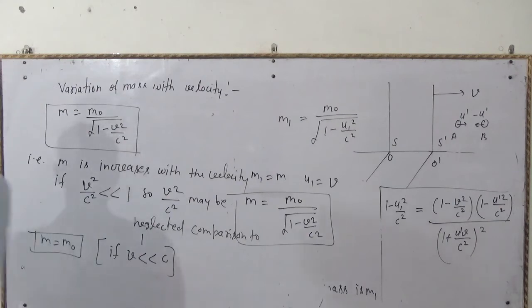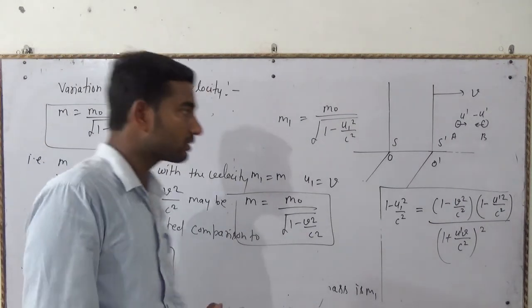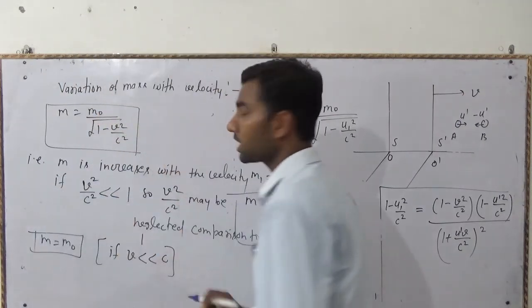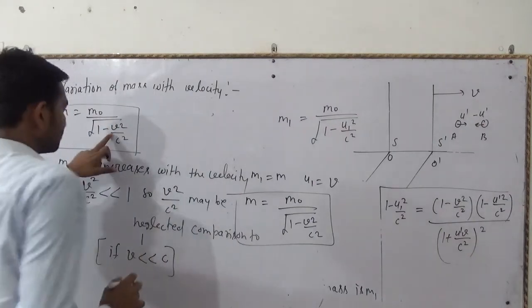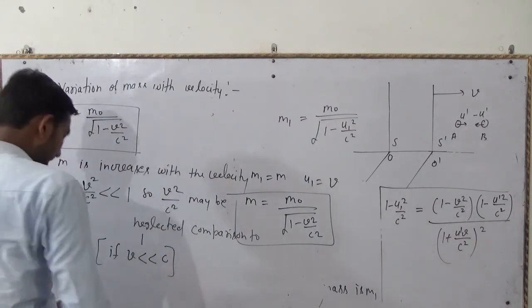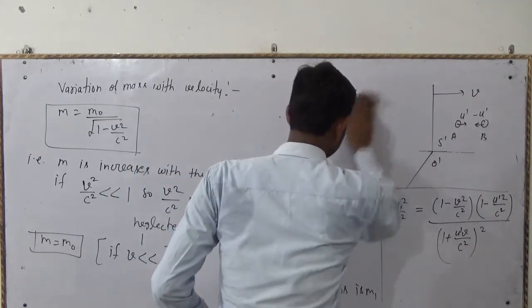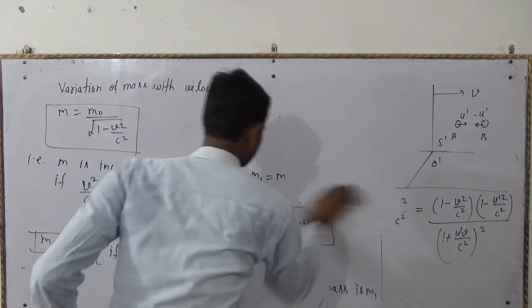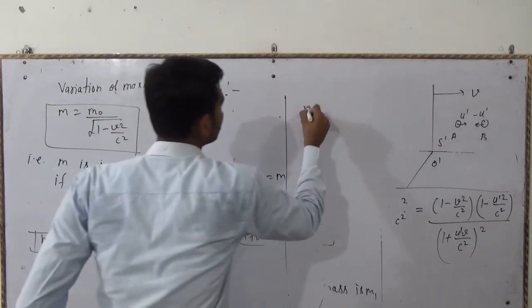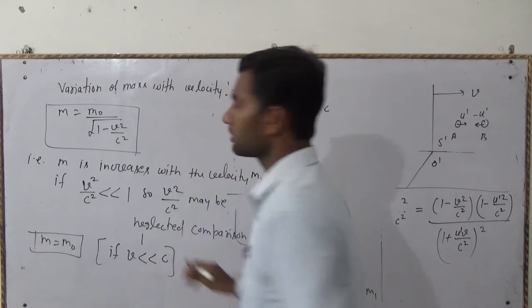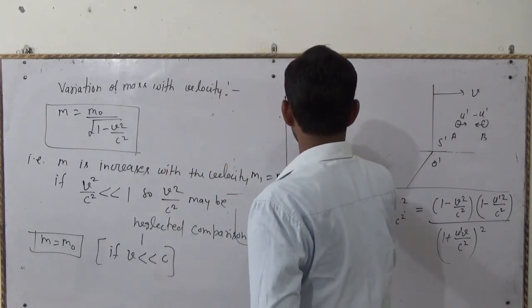So at very high velocity, what result can we find from this result? If we place v is equal to c, then we get m is equal to infinite.